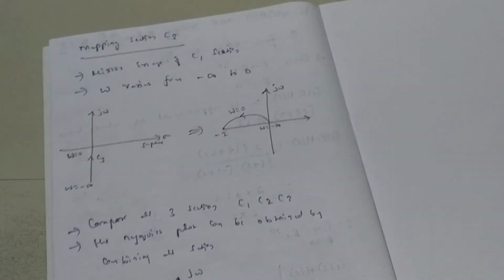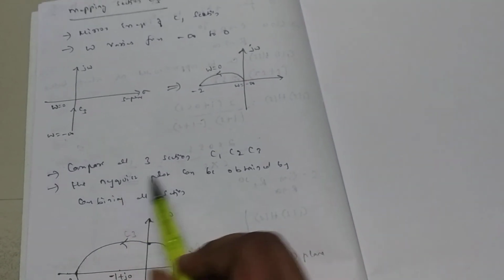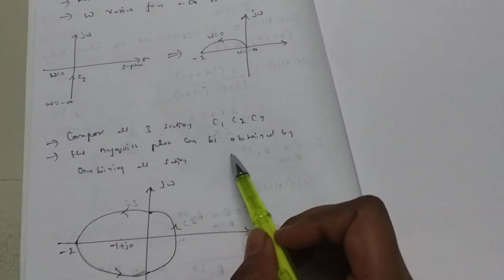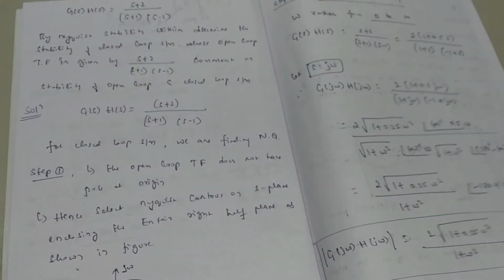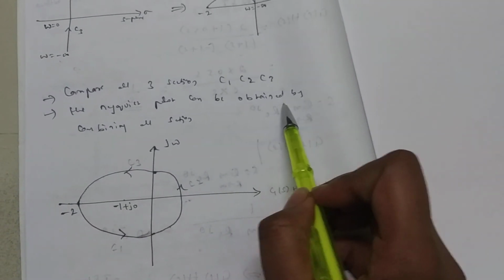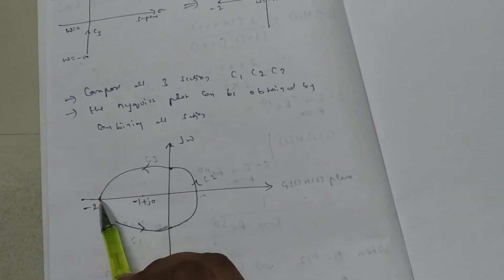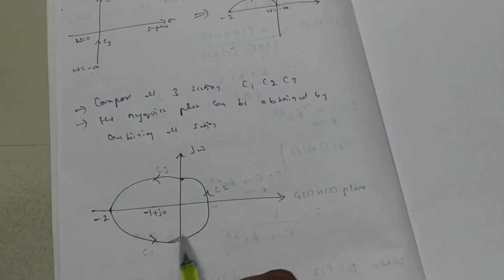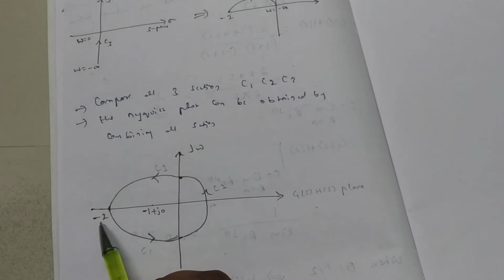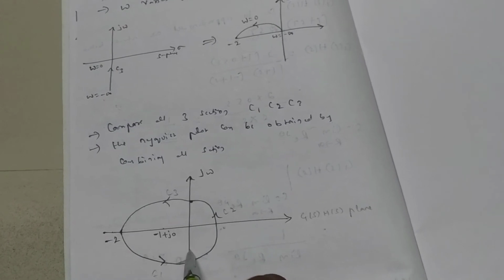After all three mapping sections, we need to compare all three sections. For the given open loop transfer function, we have plotted the Nyquist plot here, combining all three sections. This is the first one, section C1, from 0 to infinity.